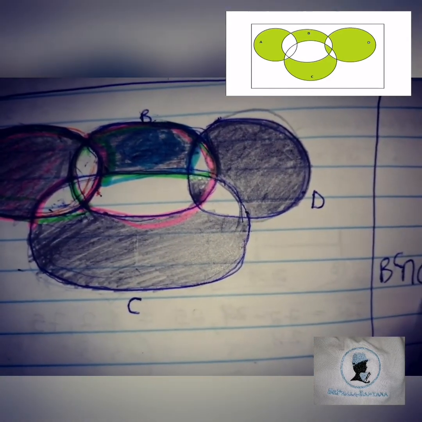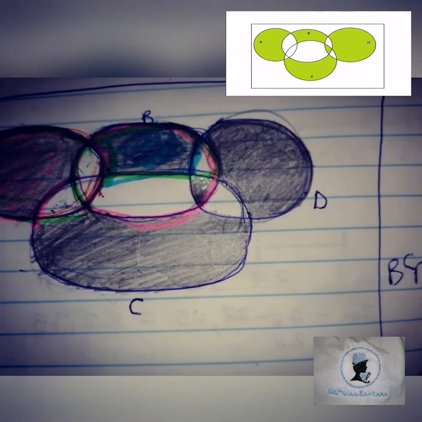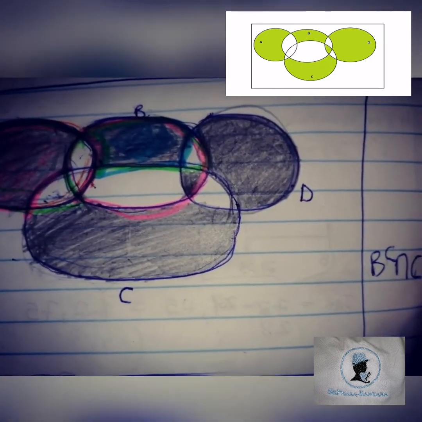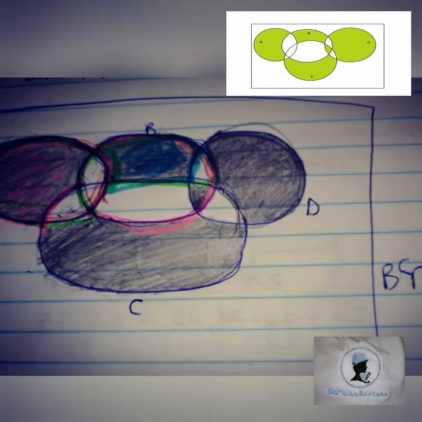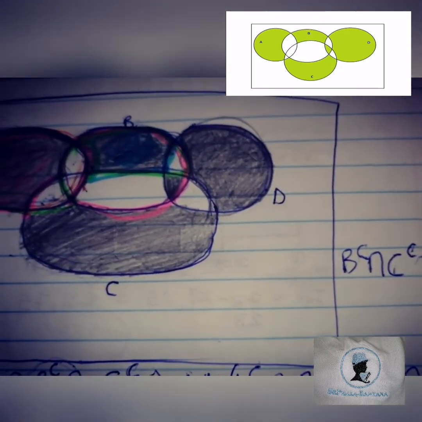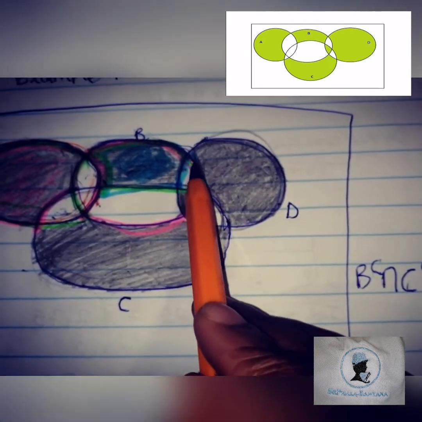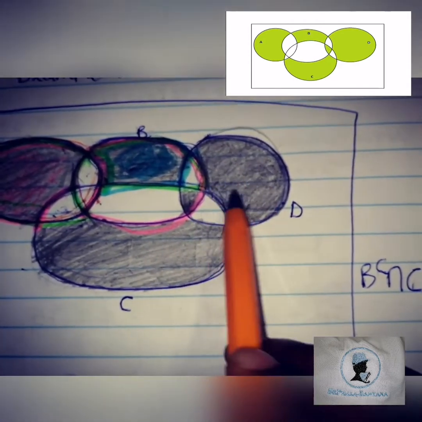We're trying to remove that C complement, and intersect with D, right? Intersect with D. So we are describing the notation of the set.